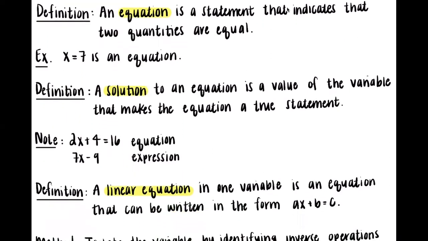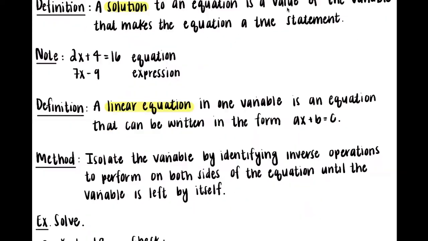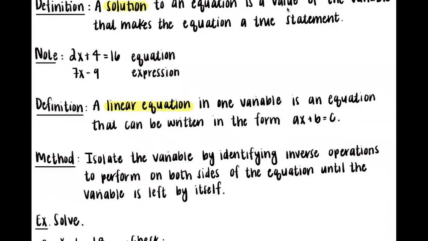And then just for some extra terminology, we have a linear equation in one variable. A linear equation in one variable is an equation that can be written in the form ax plus b equals c. What this is really saying behind all these words is the reason why we call it a linear equation is you'll notice that these equations will just be in terms of one variable.